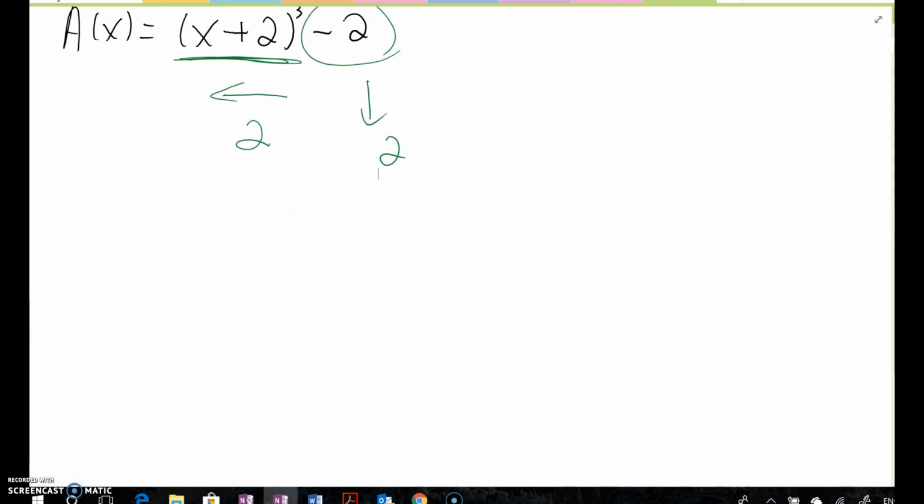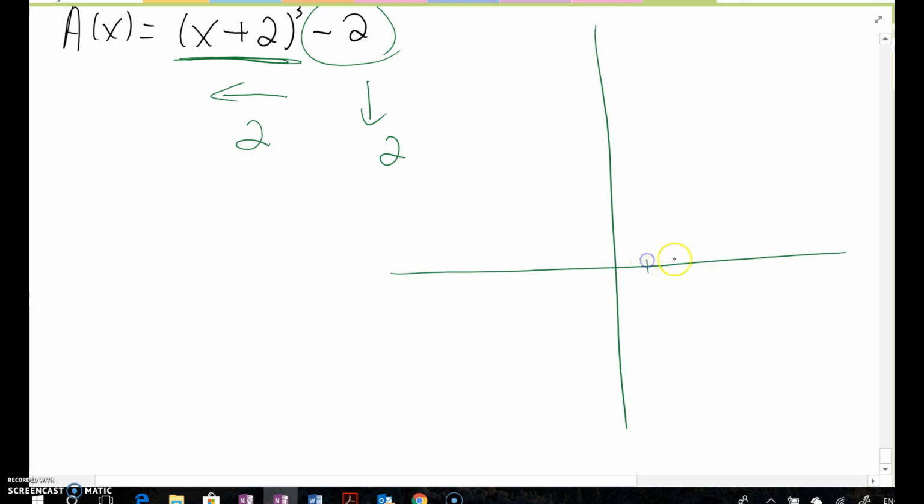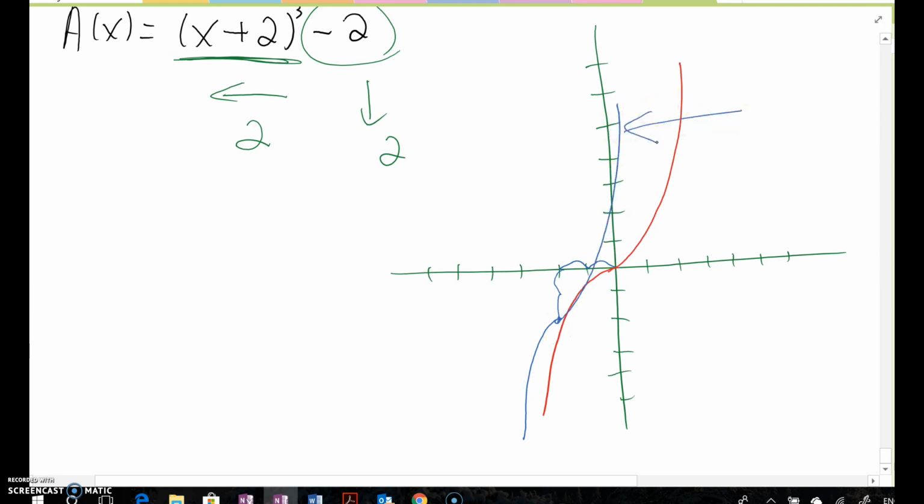So on the plane graph, the original function is this one. Now this will be moving 2 to the left and down 2. So it becomes like this. So that will be our a(x) graph.